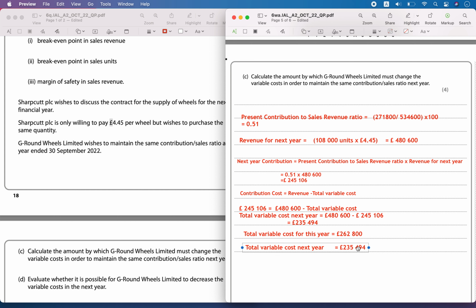The change in the amount is the decrease in variable cost, which is equal to 262,800 minus 235,494.